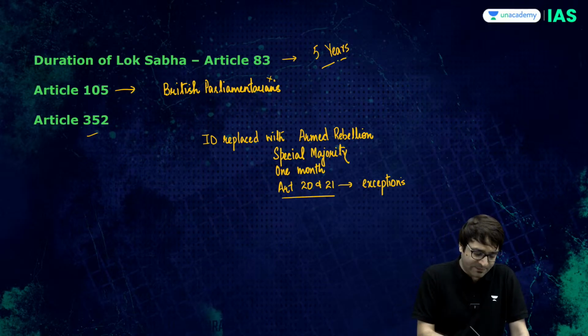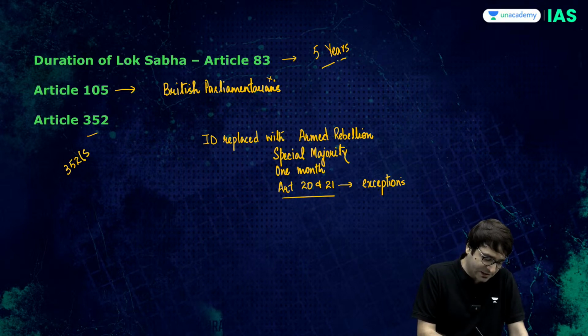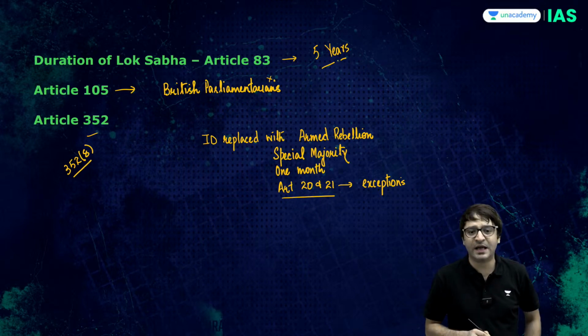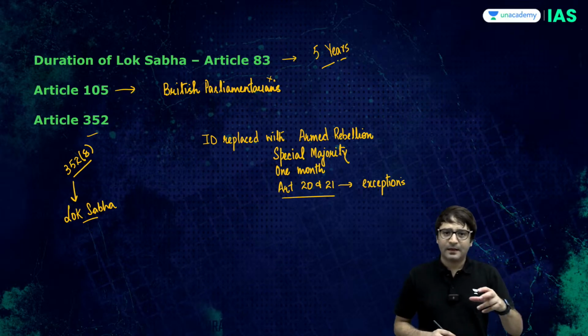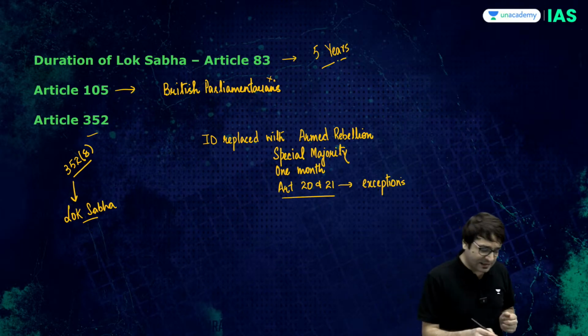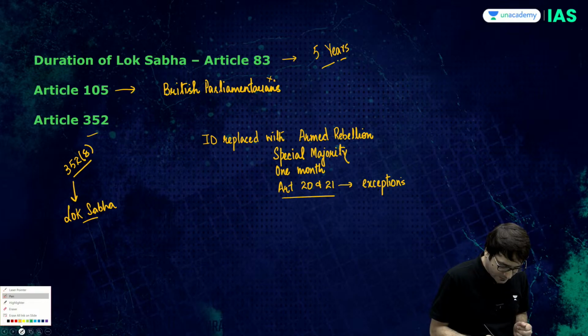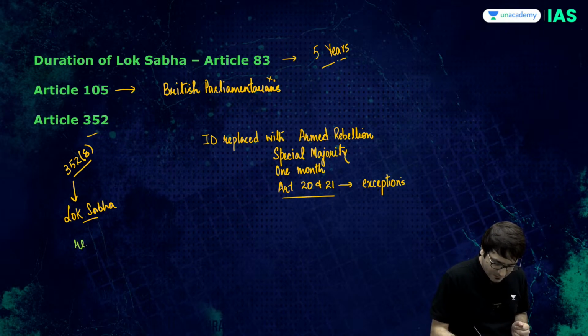And it is this 44th Amendment which provided for a special power under Article 352 Clause A to Lok Sabha. What can Lok Sabha do?